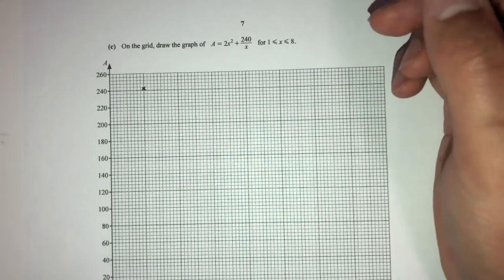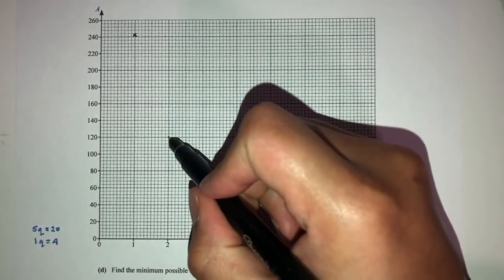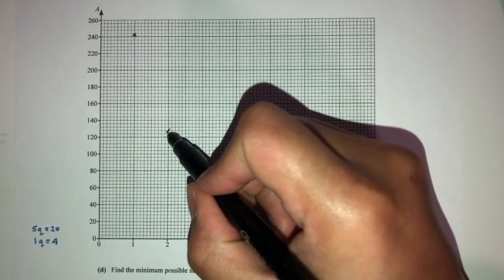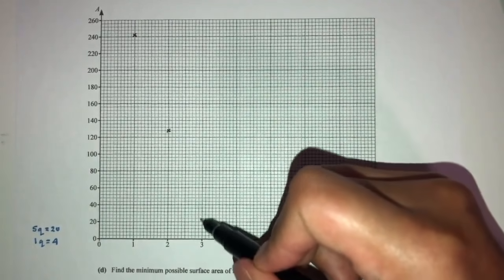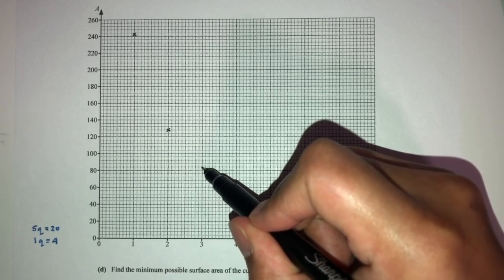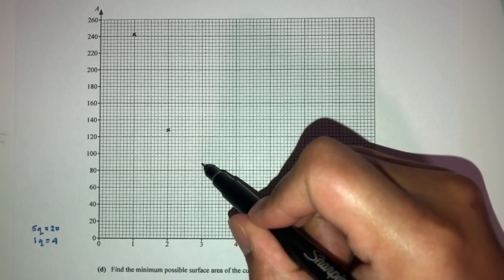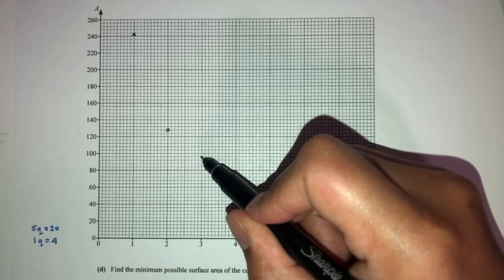And then we have 2 and 128. So 128 should be 120, 124, 128 right here. Then 3 and 98. That should be 80, 84, 88, 92, and then 96, and then 100.